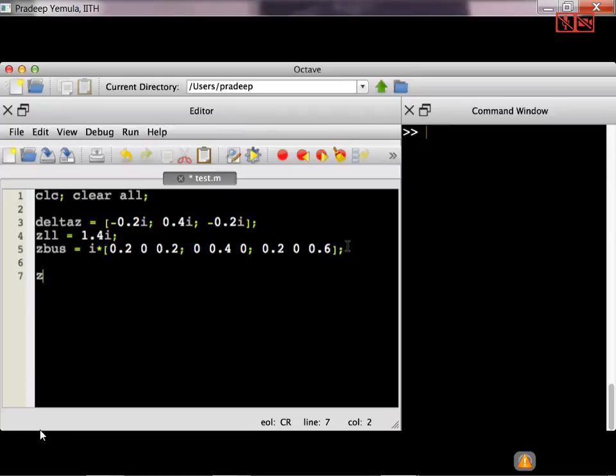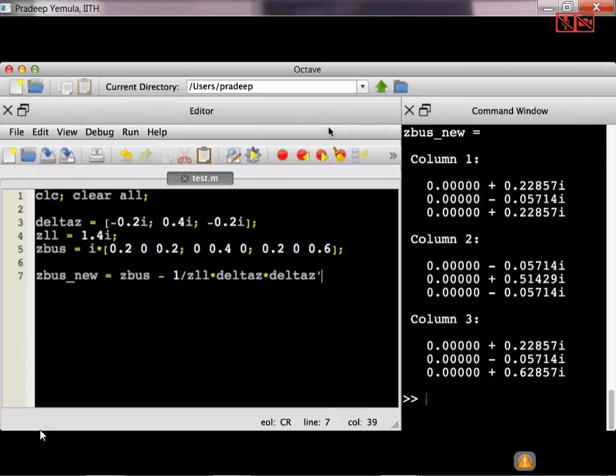So now I get the Z bus new, which is nothing but Z bus minus 1 by ZLL multiplied by delta Z into delta Z transpose. So this is the same formula I have applied. When I execute this, I am getting the Z bus new to be like this.